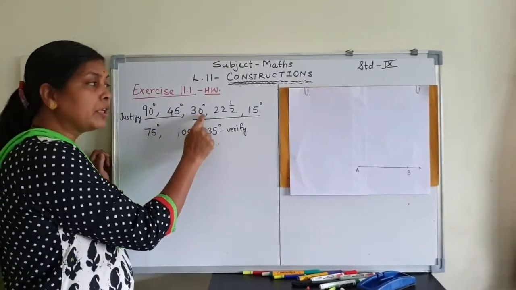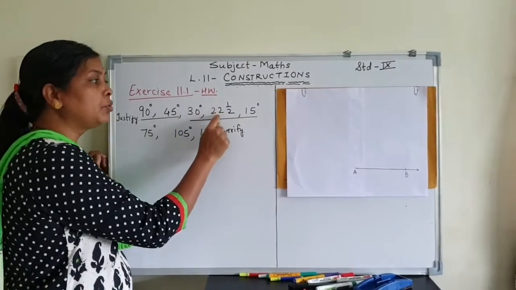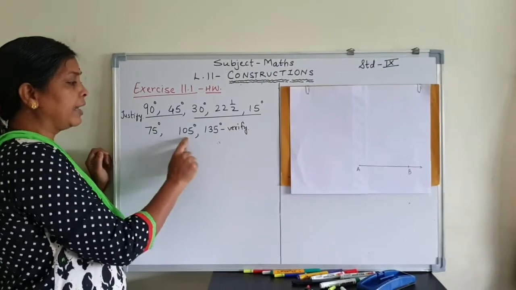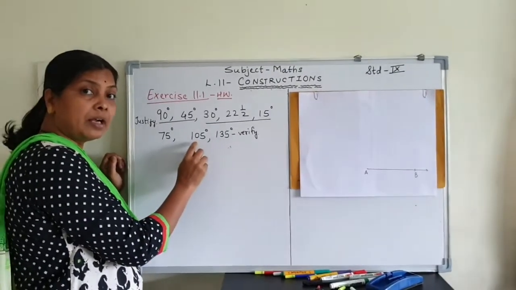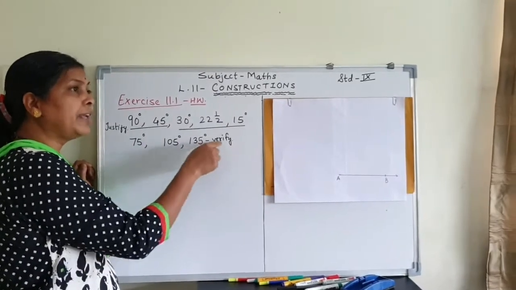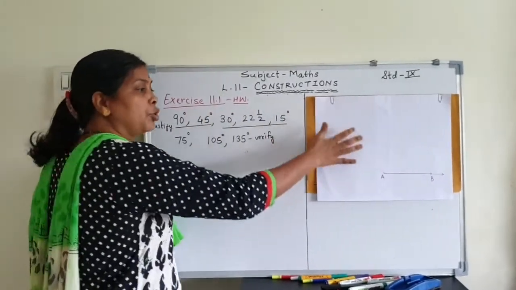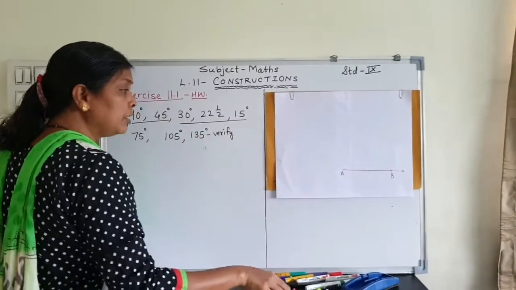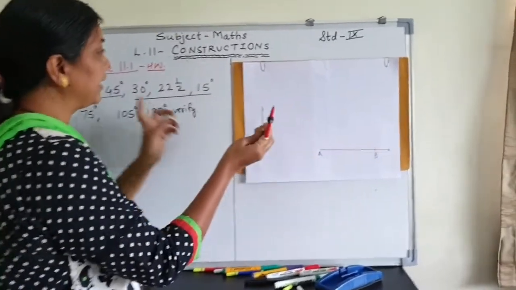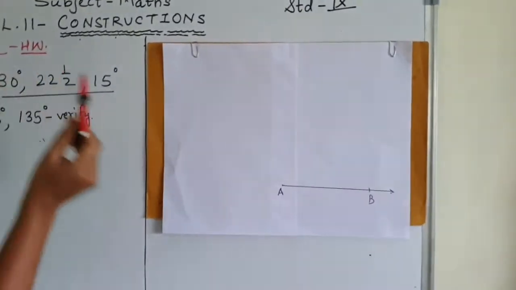Then you have to construct only 30 degree, 22.5 degree and 15 degree. And these three angles, 75 degree, 105 degree and 135 degree, you have to construct and verify. I am showing only the construction here, and the rest you solve, taking the whole exercise as homework. First, 90 degree.